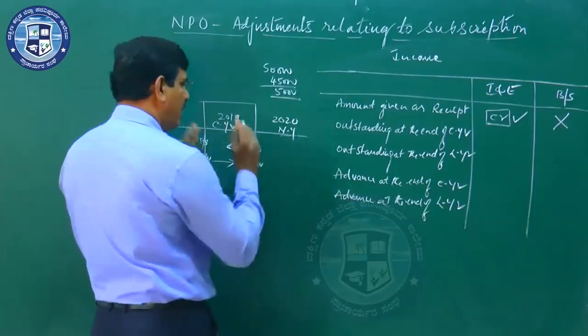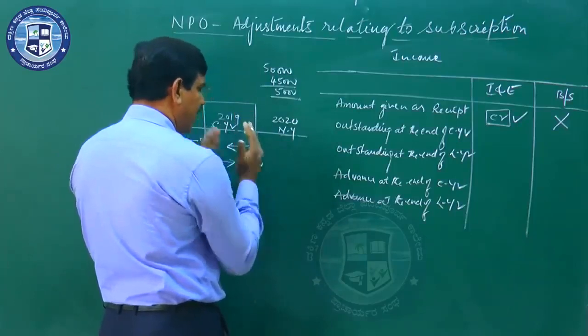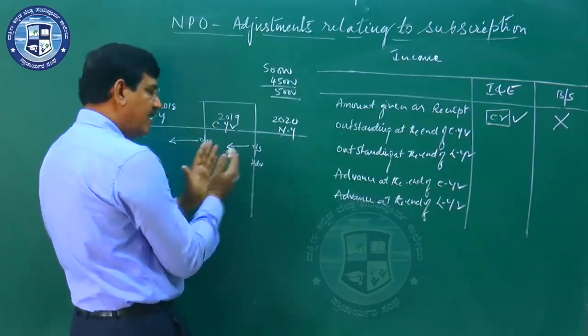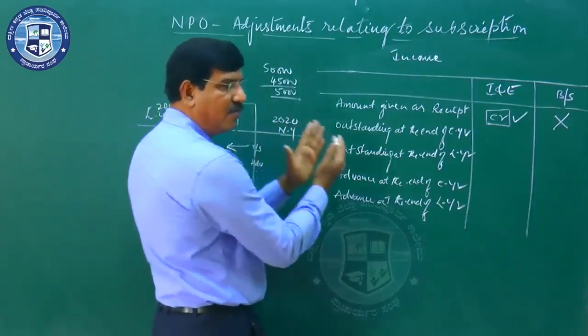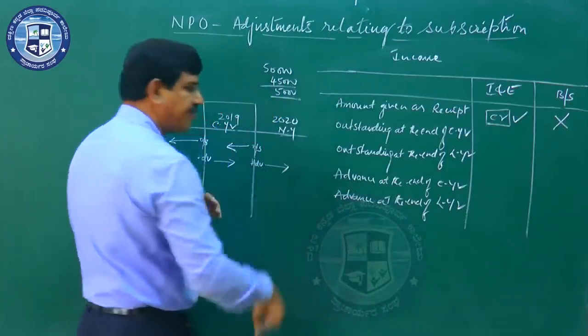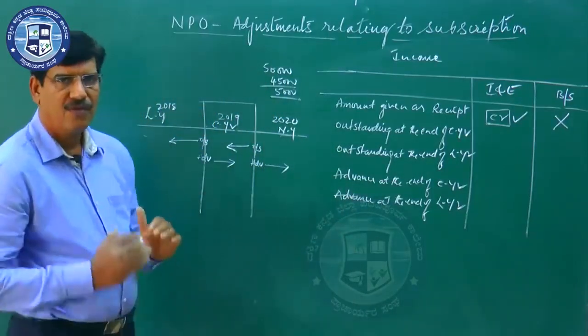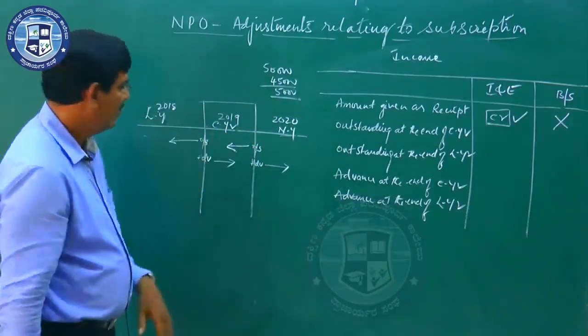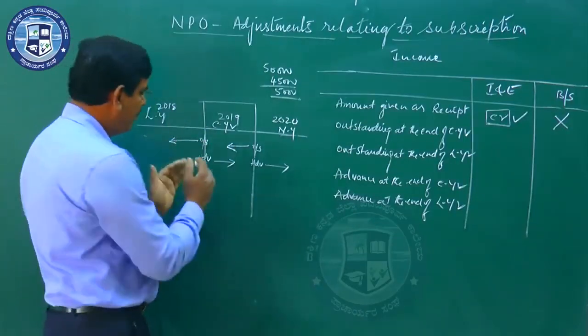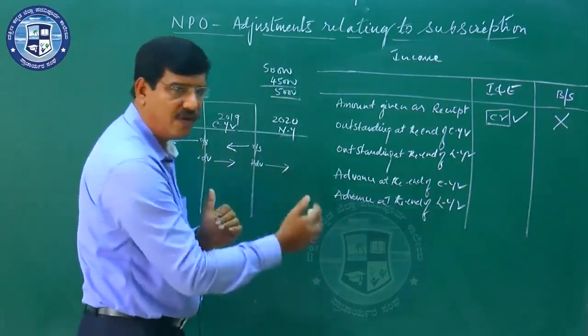And advance at the end of current year, it cannot be used in the year 2019. It can be used in the future years or coming years. That's why it has the forward nature. Say outstanding has backward nature and advances have forward nature.